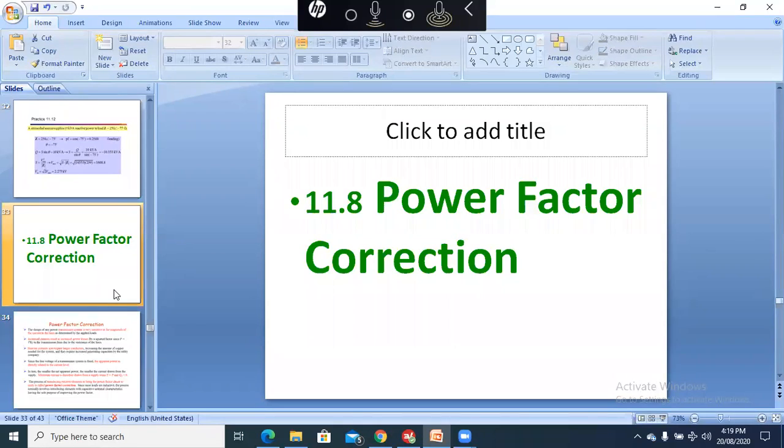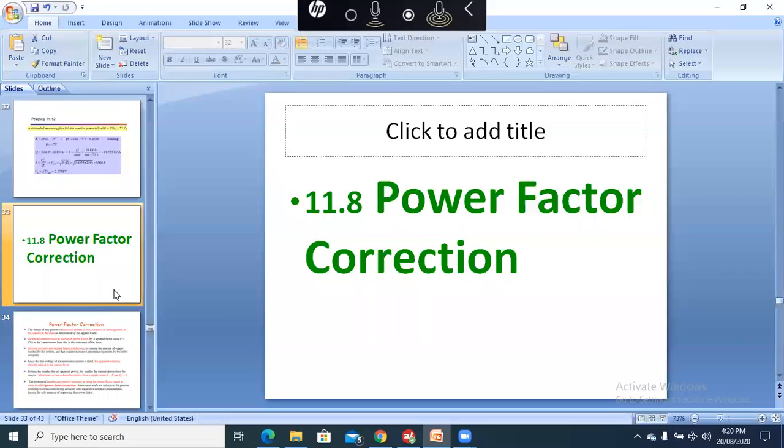Actually, your network provider, or your electricity network owner, will charge you for the amount of current drawn by the load installed at your premises.